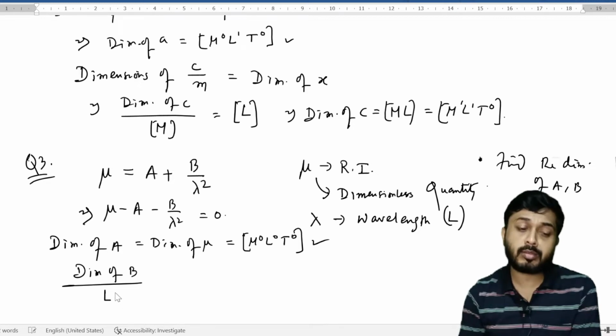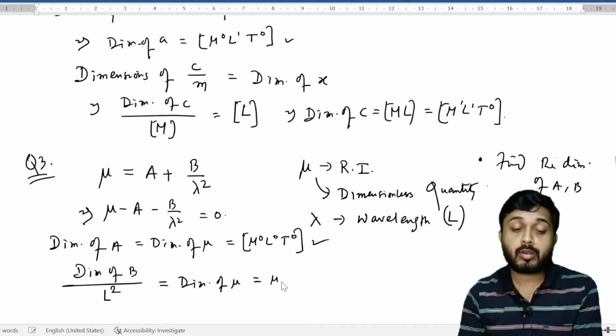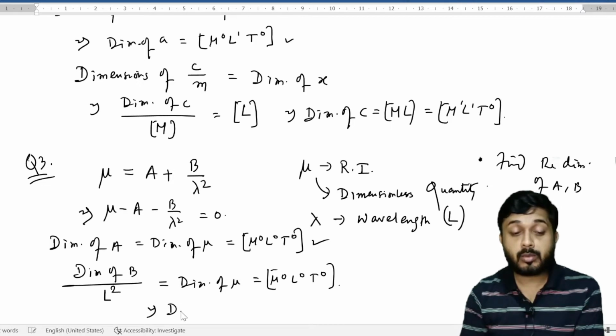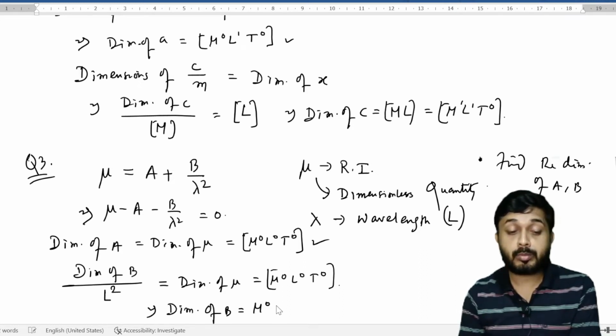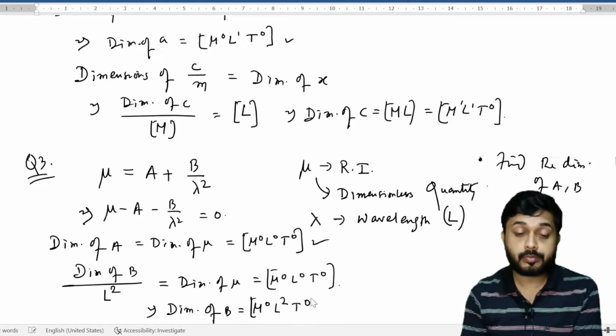So in place of dimensions of lambda square, I am writing L square, divided by the dimensions of mu, which is M to the power 0, L to the power 0 and T to the power 0. Okay. So finally all we are left with is dimensions of b is equal to M to the power 0, L square and T to the power 0.